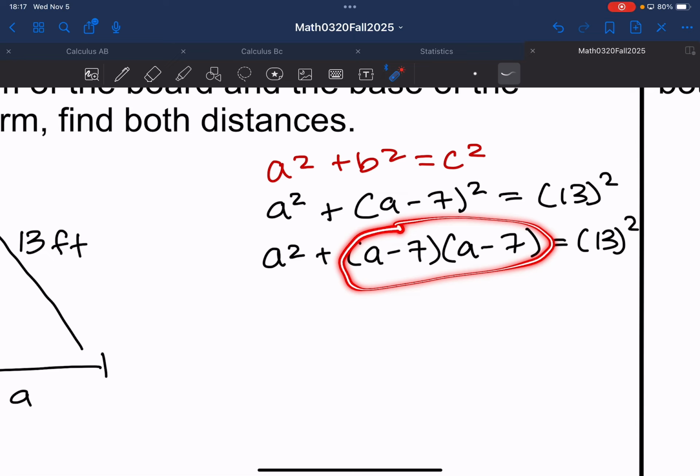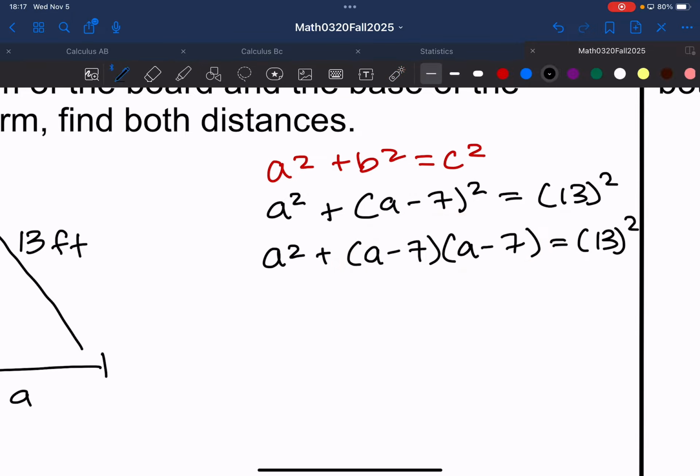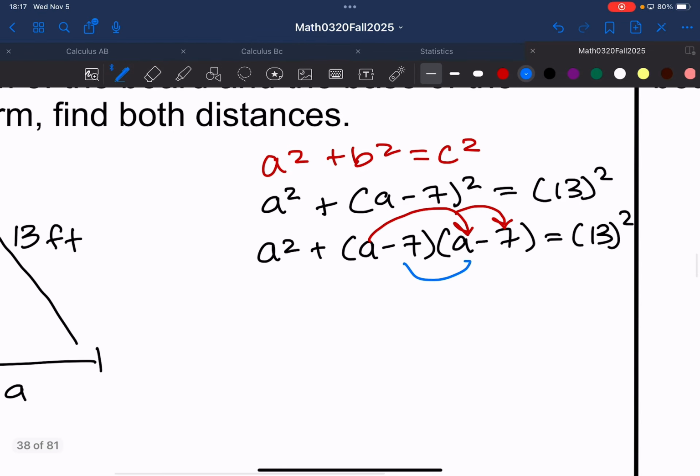Not quite, not yet. Two negatives equal a positive? Okay, eventually we would get there, yes. FOIL, we would use the FOIL method. Remember, FOIL means we take the first term and multiply it in, and then we take the second term and multiply it in.